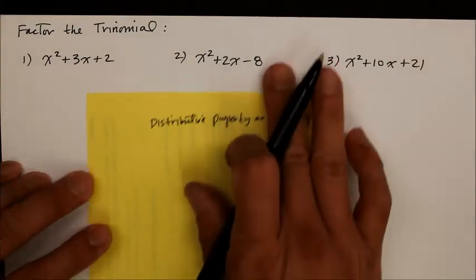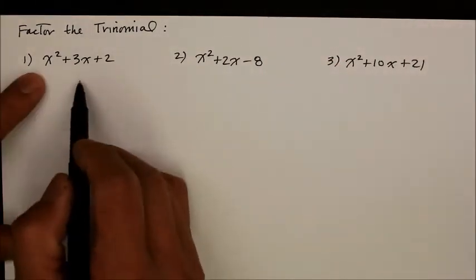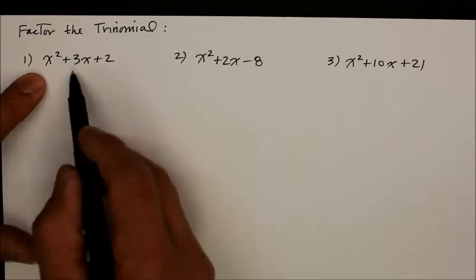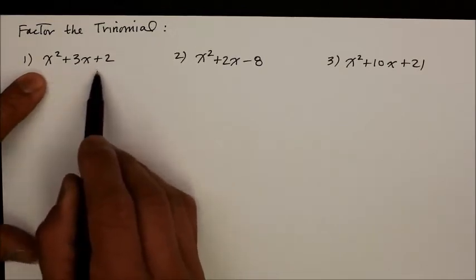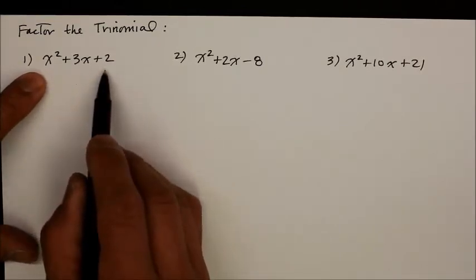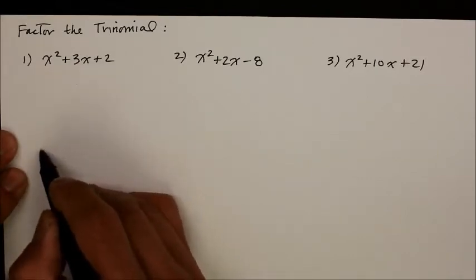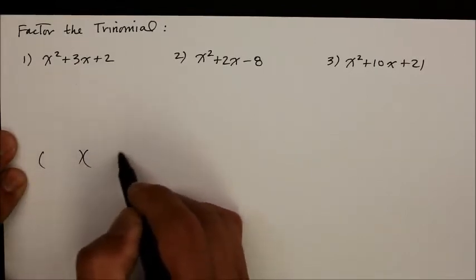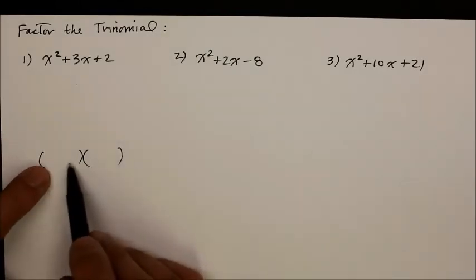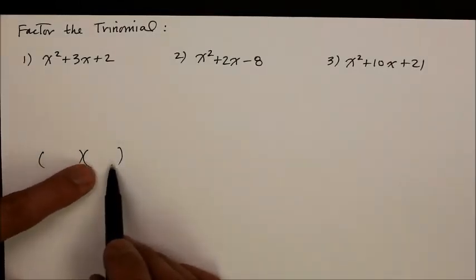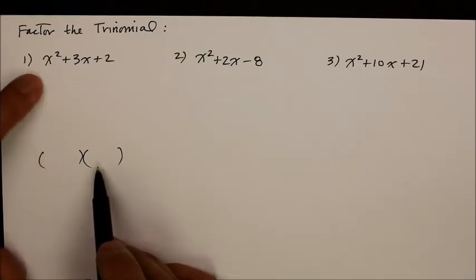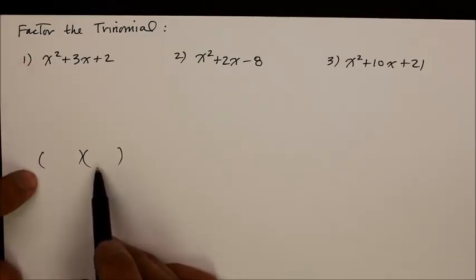So we have here number one, x squared plus 3x plus 2. And here's how it works. When you factor, you know this is the product of two binomials. A binomial times another binomial gave us the polynomial. So we have to go back and put it back into the binomial format.